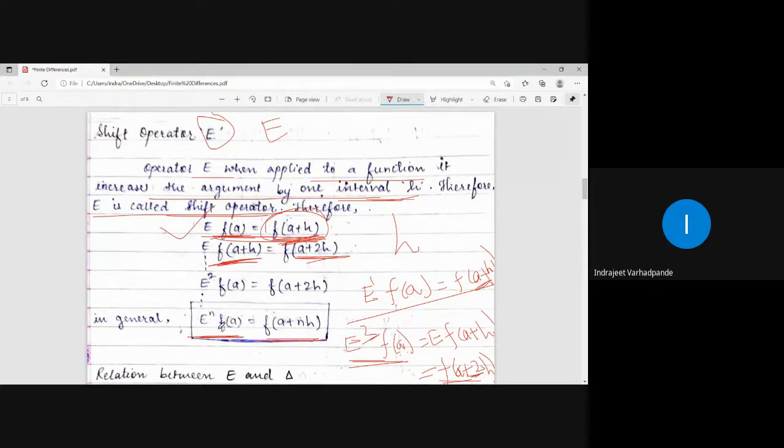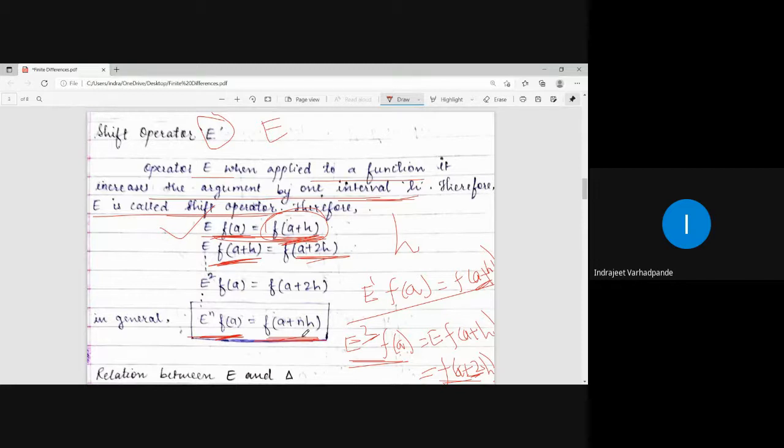So in general, E to the power n of f of a is f of a plus nh. This is how we define the shift operator E. The shift operator E, when applied on a function, increases the argument by one interval h.